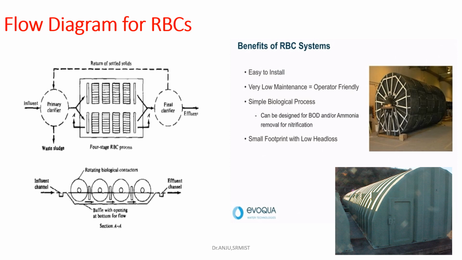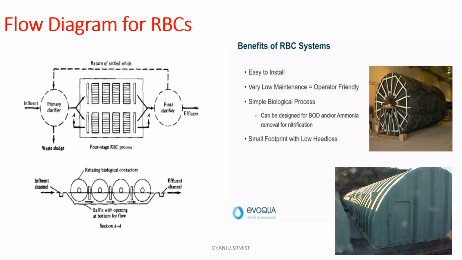The overall flow diagram for the RBCs: there is an influent, the wastewater, where primary treatment is undergone, where the large particles and the solids are removed. Then from the primary clarifier, it enters into the secondary treatment.